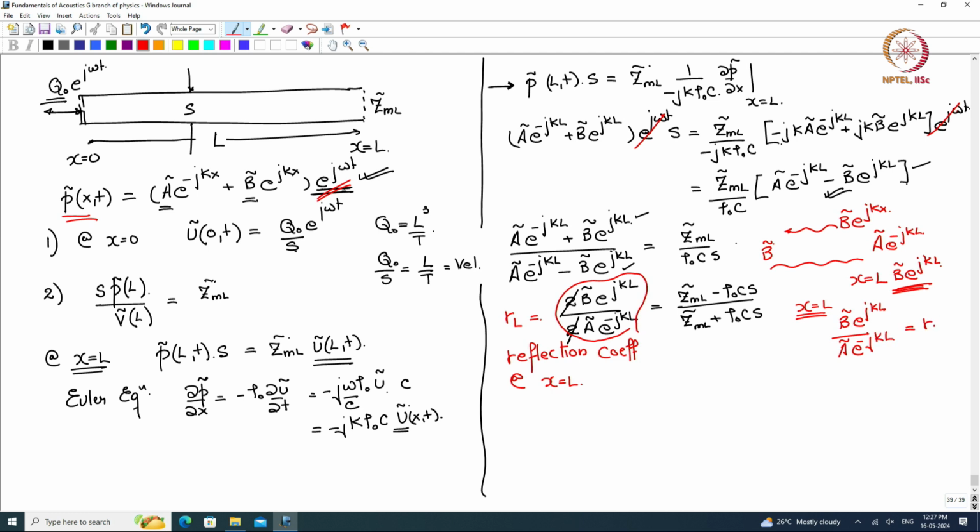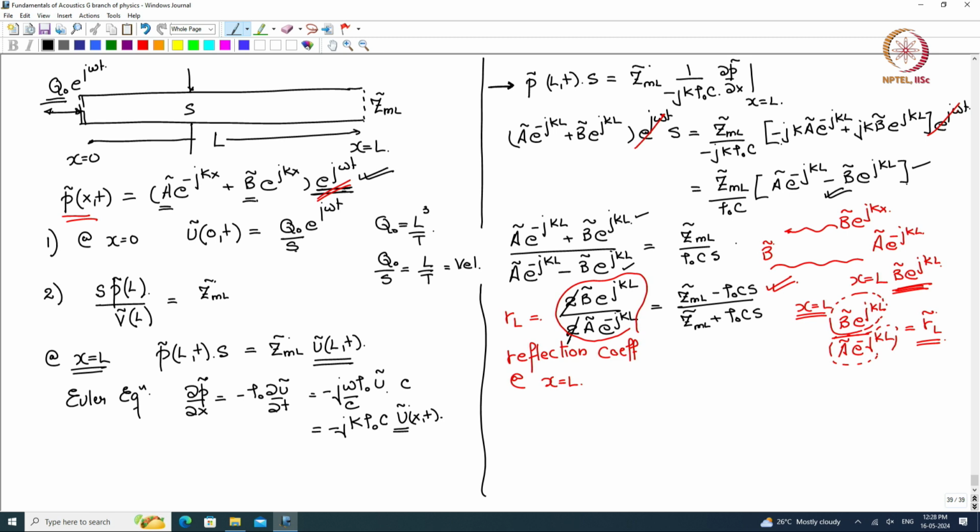This is the reflection coefficient. The B wave at the end is this, and the A wave at x equal to L, the end, is this. So their ratio is the reflection coefficient. Okay, so that is this entity. Now it's actually called the pressure reflection coefficient.